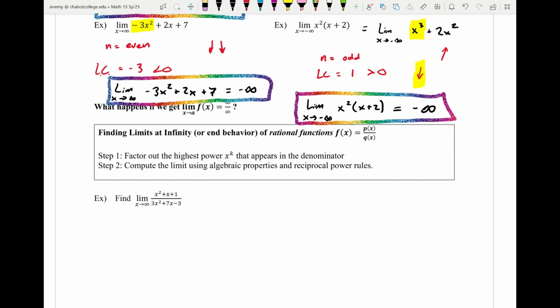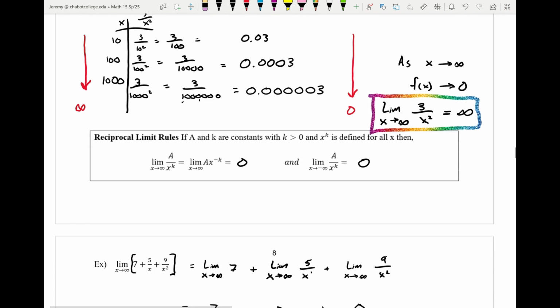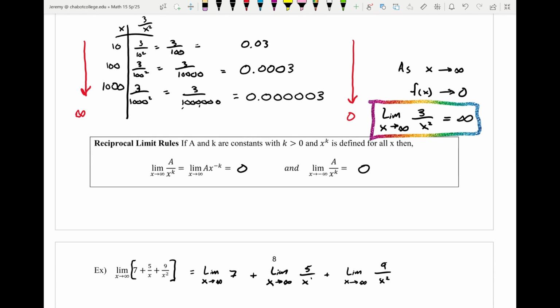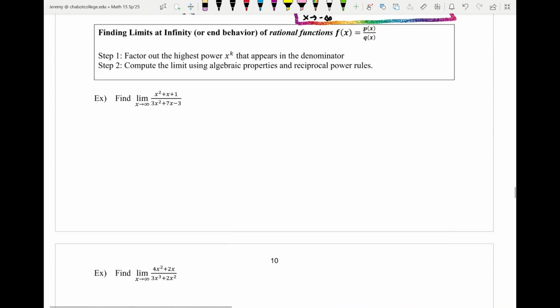And we'll get a cancellation from that. Then from that, we should be able to compute the limit using algebraic properties of reciprocal power rules. So that's what we're looking at up here. These are the reciprocal limit rules up here. Okay, let's see an example. You'll get it.